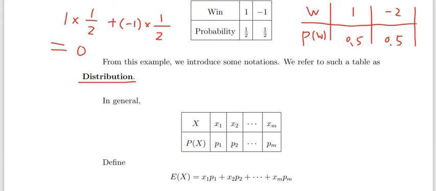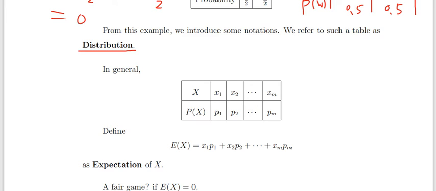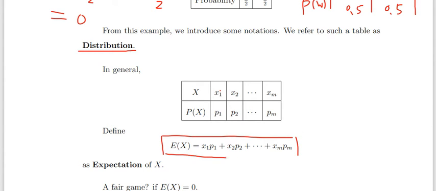And from such a distribution, we define this number: the values x multiplied by the probability of taking those values. This value is called the expectation. We denote it as x, and this x we call a random variable. X is a random variable.